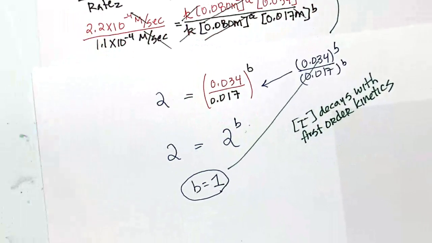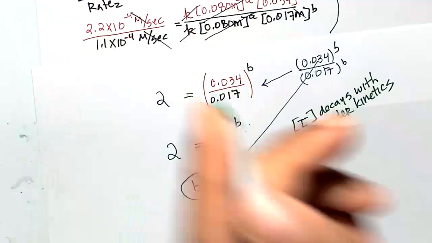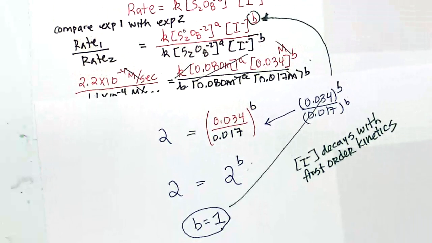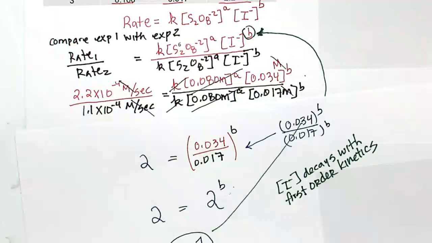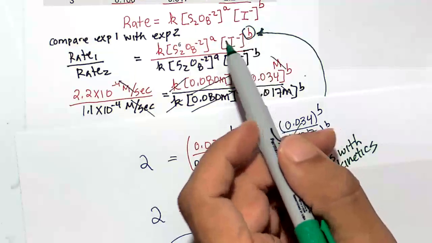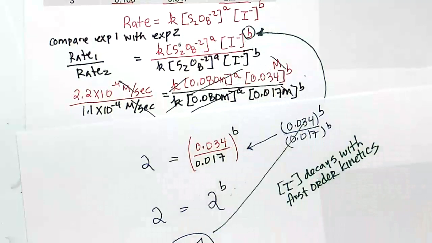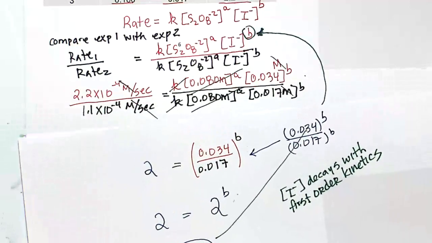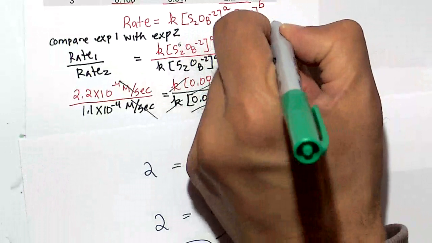B equals 1, which is the order of decay for I minus. So I minus is going to decay with first order kinetics.